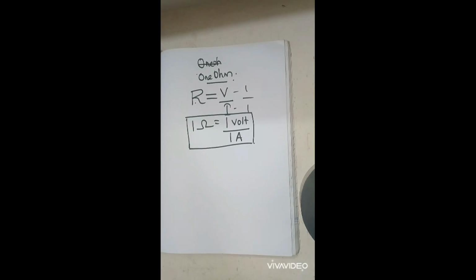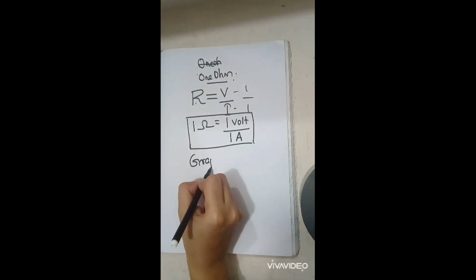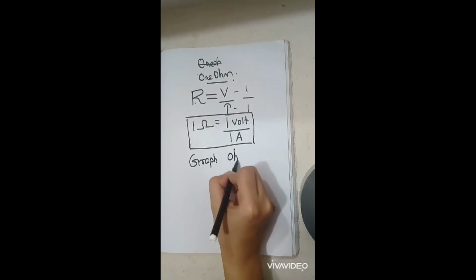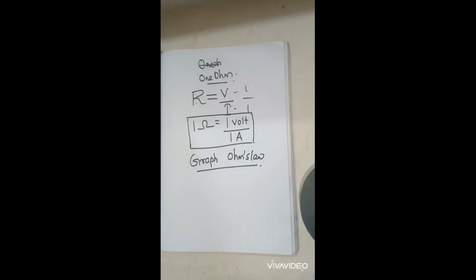We started from Ohm's law. Ohm's law states that the potential difference V is directly proportional to the current I flowing at constant temperature. So, we have to draw the graph of Ohm's law. How can we draw it?